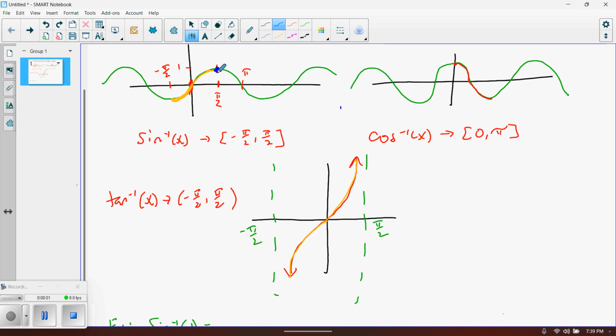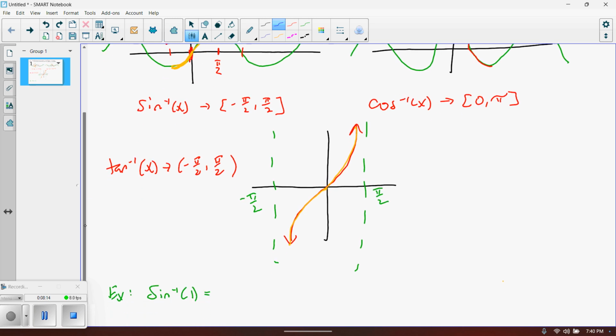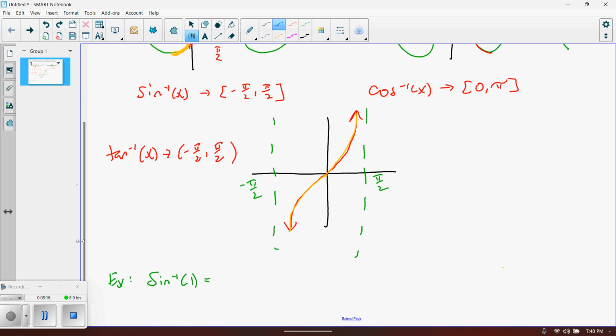That's where sine is going to produce 1. Obviously, sine is going to produce 1 in an infinite number of places, but it has to be within our restricted domain because otherwise we could not call it an inverse function. So in this case, sine inverse of 1 is going to be pi halves. You're asking yourself, what's the angle on our restricted domain that is going to give us the value of 1 when I do sine? That's what you're looking for.